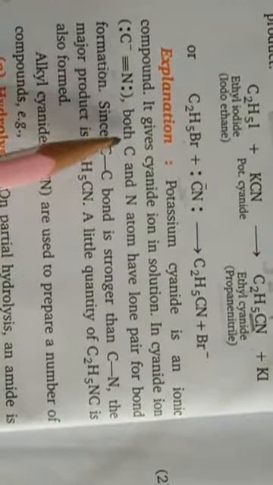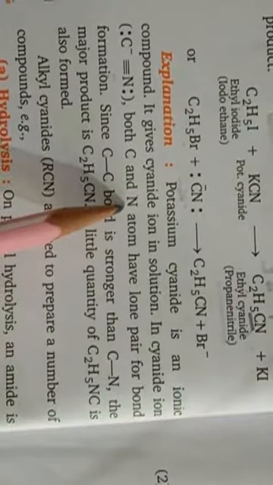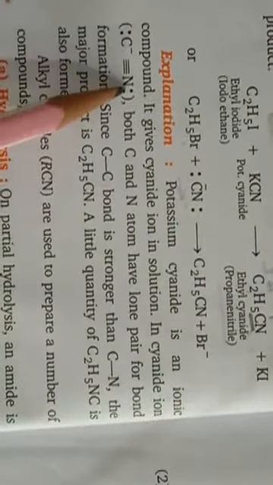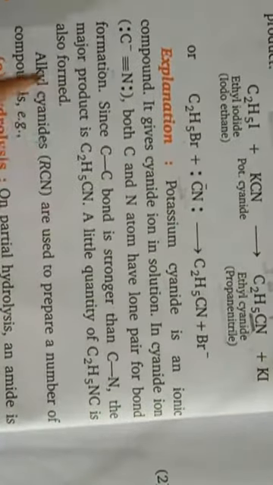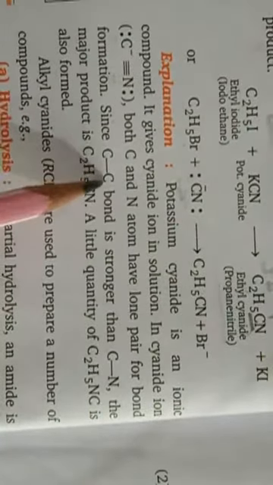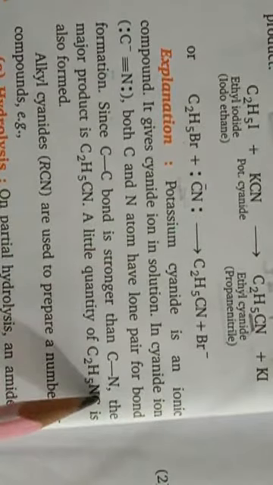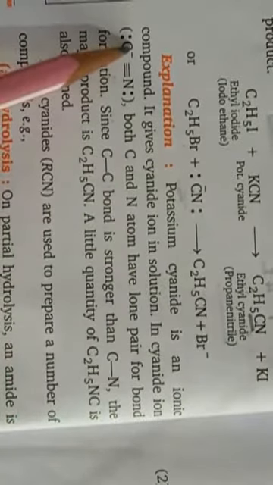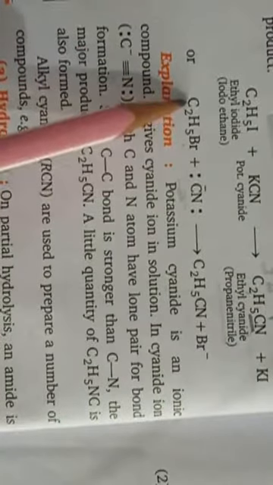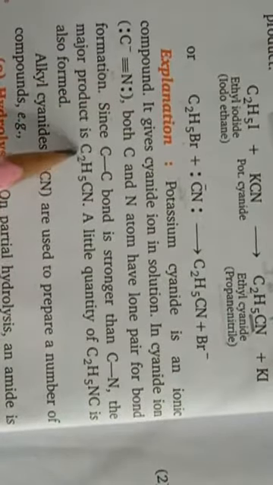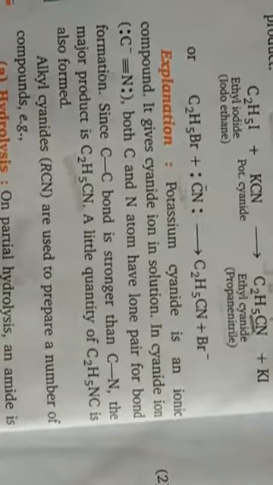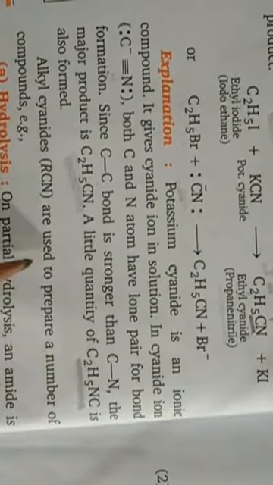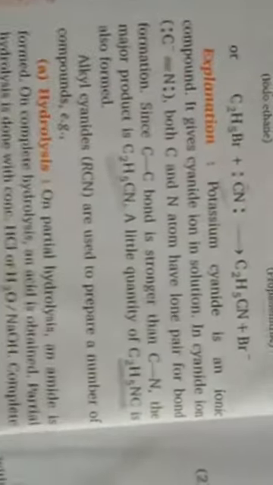So in this condition both carbon and nitrogen have a lone pair of electrons, and that is why it can attack from both sides, but the C-C bond is stronger in nature than the C-N bond, and that is why attack from the carbon site is taking place to this carbon site, okay. So overall ethyl cyanide will form. Very little amount of ethyl isocyanide will also form, okay children.